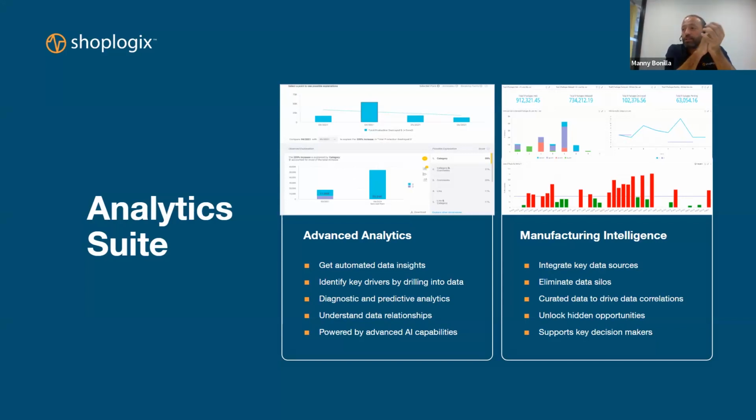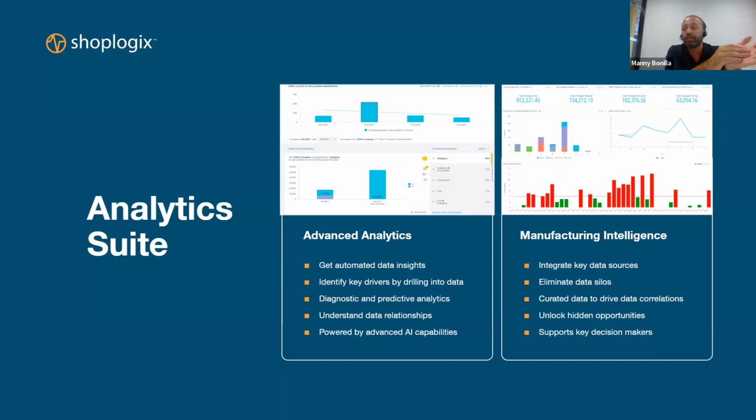Manufacturing intelligence is, as mentioned, the ability to ingest other sources of data into the Shoplogix data set. Shoplogix has spent 20 years really focusing on data for manufacturing and trying to deliver effective and valuable insights into the challenges of production manufacturing.